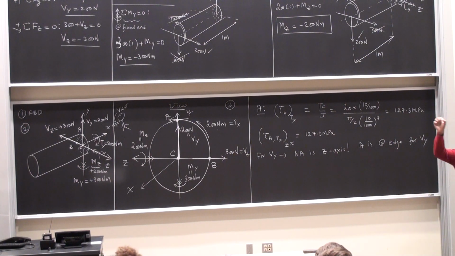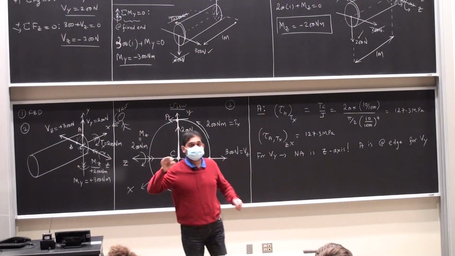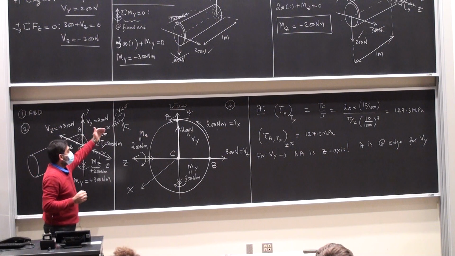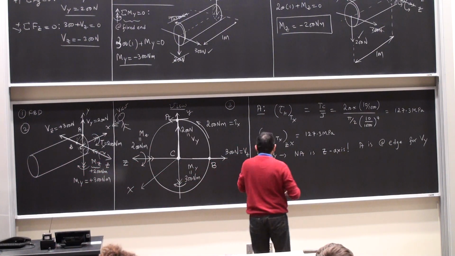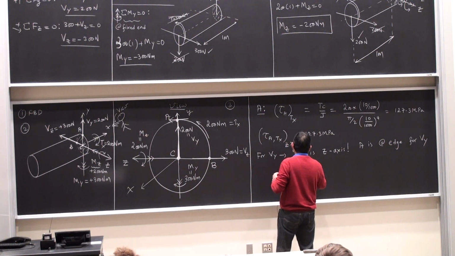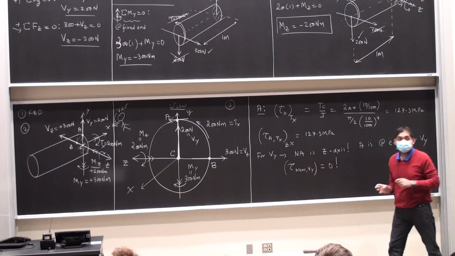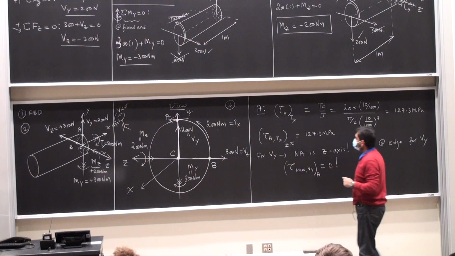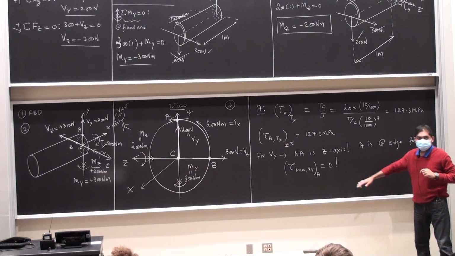Any point at the edge of the cross section, considering the direction of the neutral axis, considering the direction of the shear force, there will be no contributions from the transverse shear stress. Okay, so which means that tau transverse due to Vy is 0 at the point A. Am I making sense to everybody?